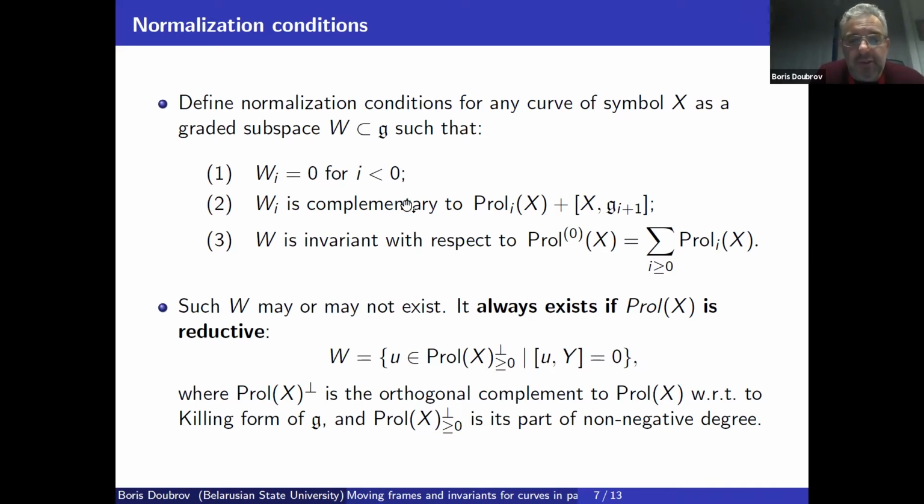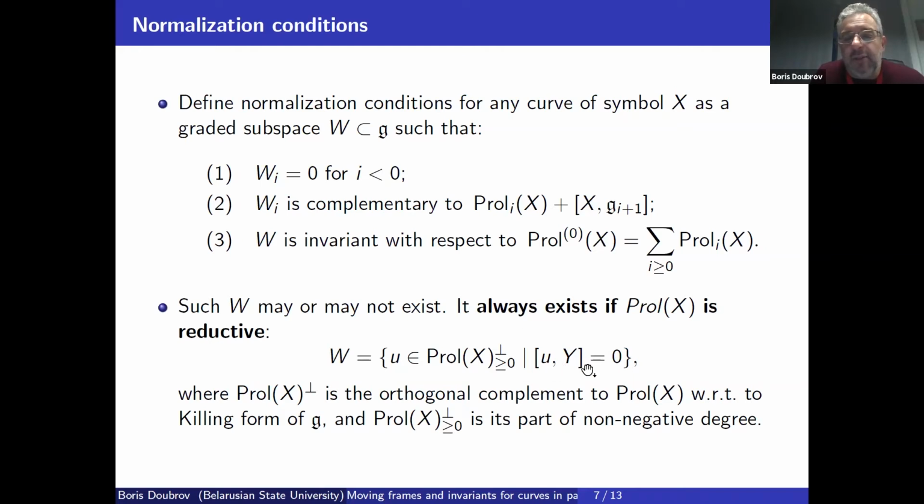Naturally it satisfies the first one because I take only non-negative degree in the orthogonal complement. It is complementary to the prolongation of x because I take it as a part of the orthogonal complement to the prolongation of x. And this condition ensures that it is complementary to the image of ad x.